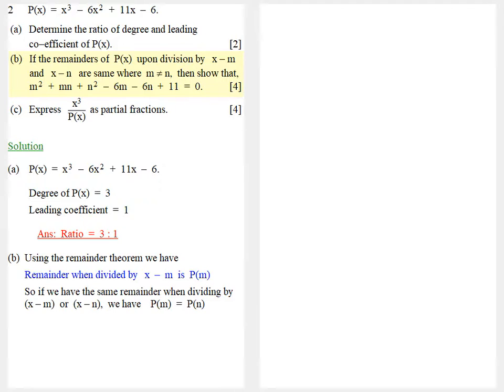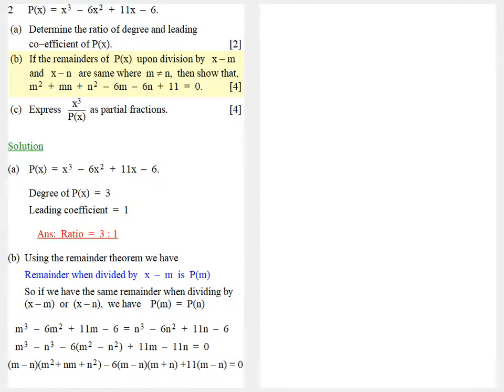Substituting in, this gives us m cubed minus 6m squared plus 11m minus 6 equals n cubed minus 6n squared plus 11n minus 6. Now if we take all terms over onto the left-hand side, that leaves us with m cubed minus n cubed minus 6 into m squared minus n squared plus 11m minus 11n equals 0.